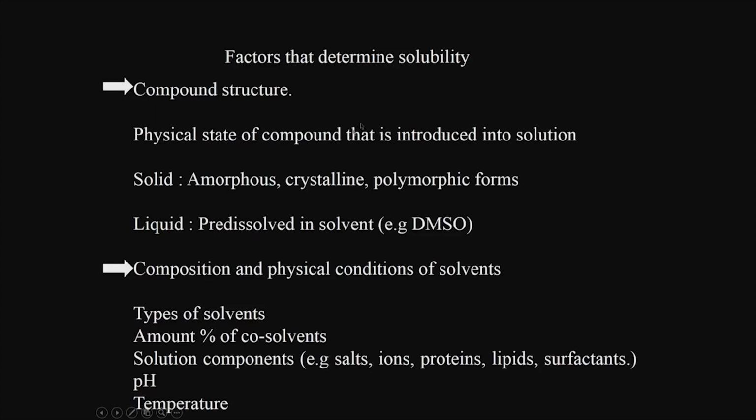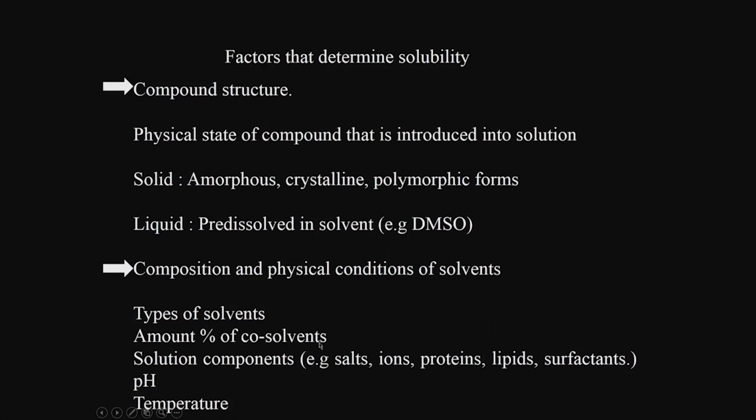Okay. So factors: physical state of the compound, okay, solid, amorphous, crystalline, polymorphic. The more amorphous it is, the more soluble it is going to be. Pre-dissolved in solvent, so if it is in a liquid form. Composition and physical conditions of solvent, type of solvents.